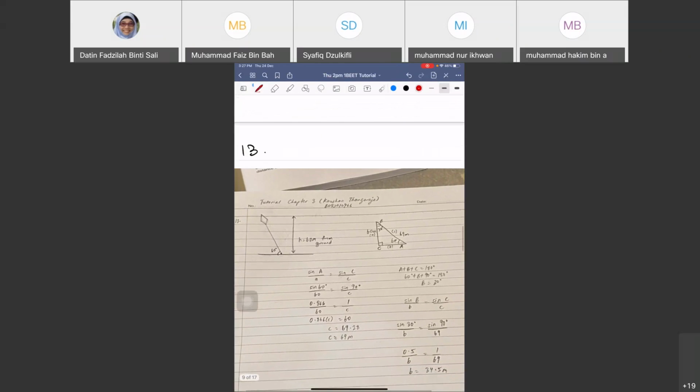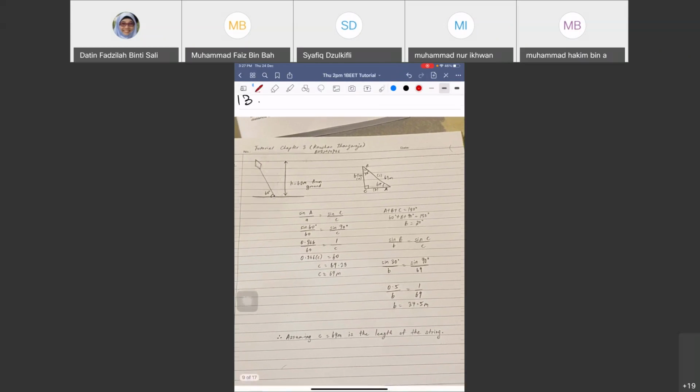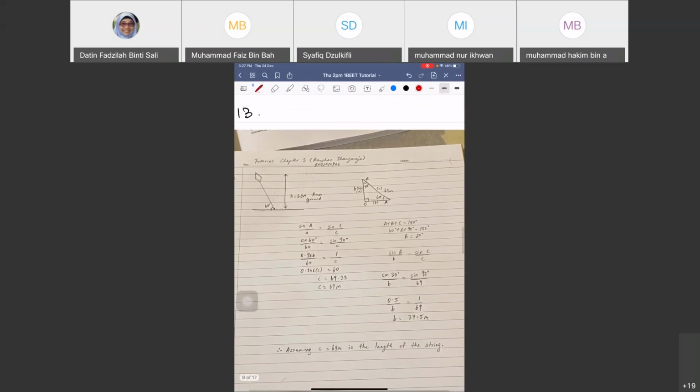Okay, this is 13. Kaushan, I hope you are there. Let's look at this. Question 13. There's a kite. Kite is flying at a height of 60 meters above the ground. The string attached to the kite is temporarily tied to a point on the ground.